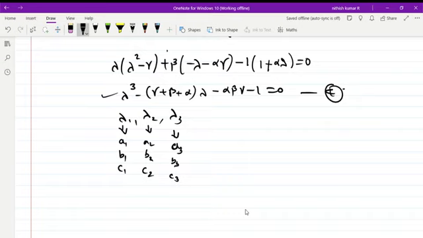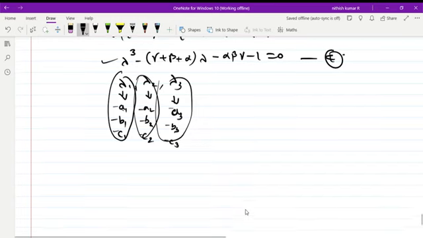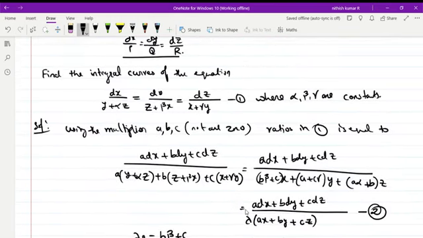Now using these three solutions, that's a1, b1, c1, a2, b2, c2, a3, b3, c3, my ratio, there it is.